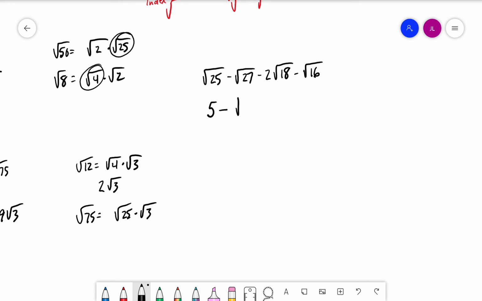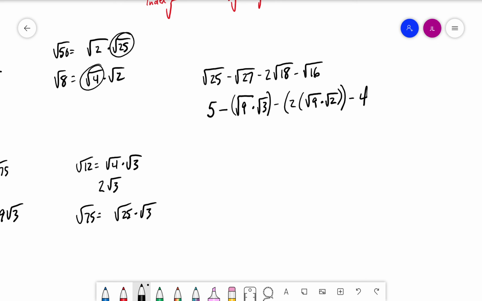Minus, we have the square root of 9 times the square root of 3. That's the square root of 27. Minus 2 times the square root of 18. Well, we know the square root of 18 is the square root of 9 times the square root of 2. And then the square root of 16 is 4. So now this is where we're at.